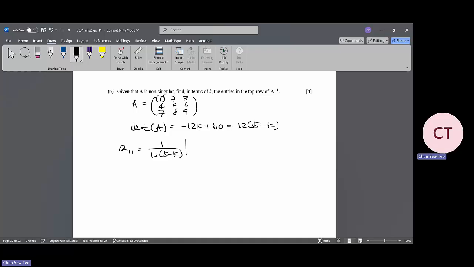You take this, you cover it, then you have k, 8, 6, 9. So you get 9k minus 48 divided by 12 of 5 minus k. Simplify it further, you will get 3k minus 16 divided by 4 of 5 minus k. So this is what we have. Then the first row, second element.